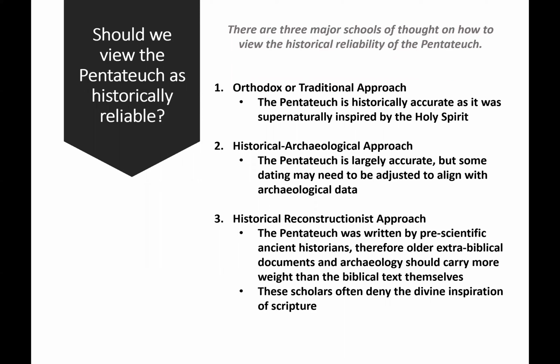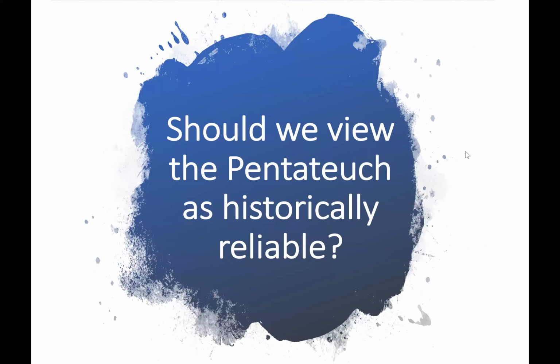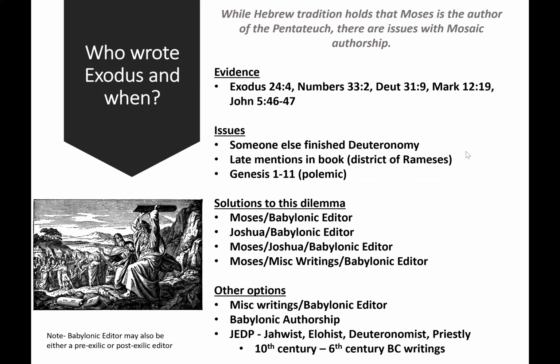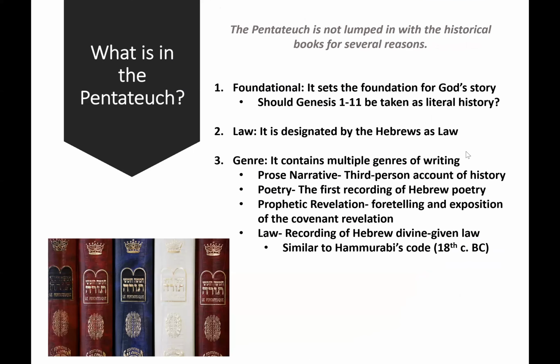The second view is a historical archaeological approach. This actually says that the Pentateuch is very accurate, but there's some dating issues that need to be aligned with the archaeological data. And so I think that there's a lot of credence for this view. And part of that is because we're dealing with historical narrative, right?